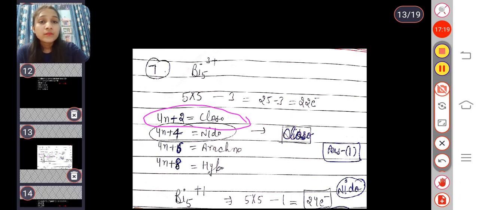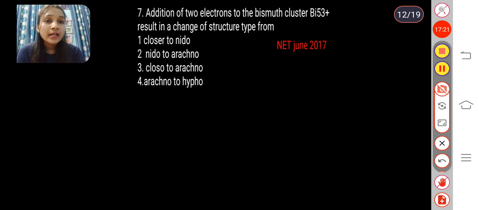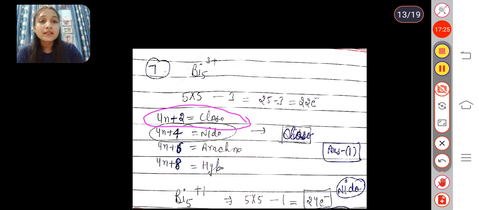And they also ask about the addition of 2 electrons to the bismuth cluster. If you add 2 electrons to this cluster Bi5 3 positive, then it will become Bi5 1 positive. Then after calculating the number of electrons, here we have 24 electrons, and this is basically a 4n plus 4 type cluster. It is nido.